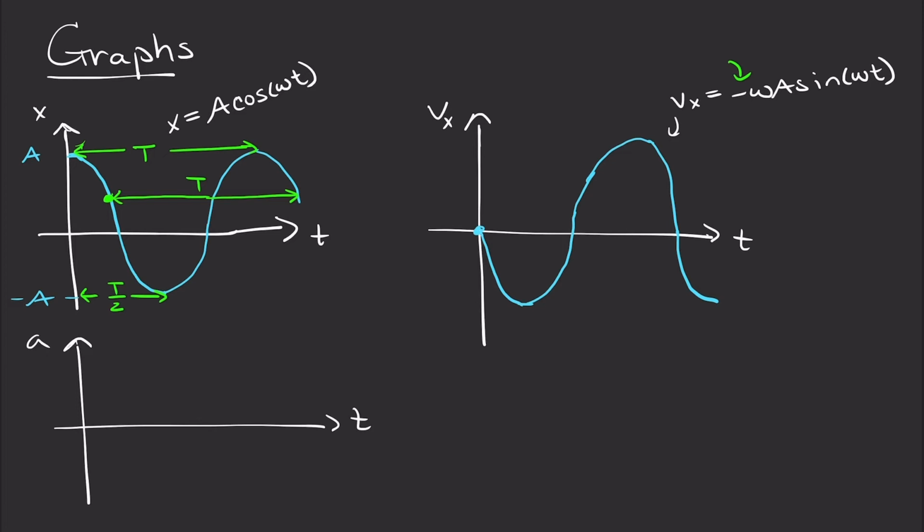So our acceleration is going to start down at its most negative point, and it's going to go up, go to 0 when we're at equilibrium and the spring is no longer stretched. It's going to go maximum and then come back down, and it'll oscillate as well. And this function AX is given by minus omega squared a cosine of omega t.